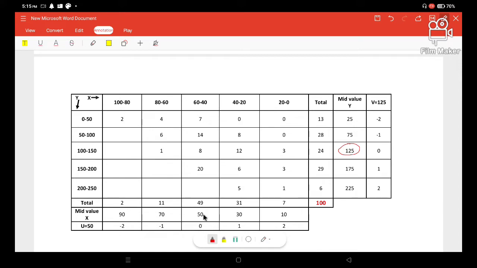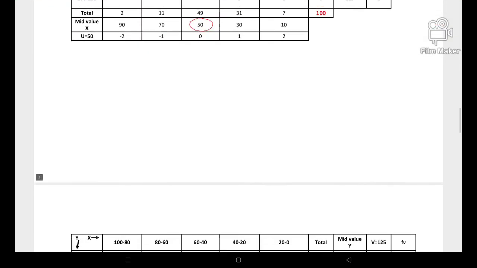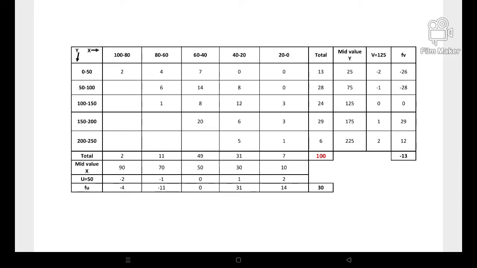Similarly for x, we assume u equals 50, and the gap is 20, 20, so it is 50 minus 70 is minus 1, minus 2, and so on. So that was our step 3.